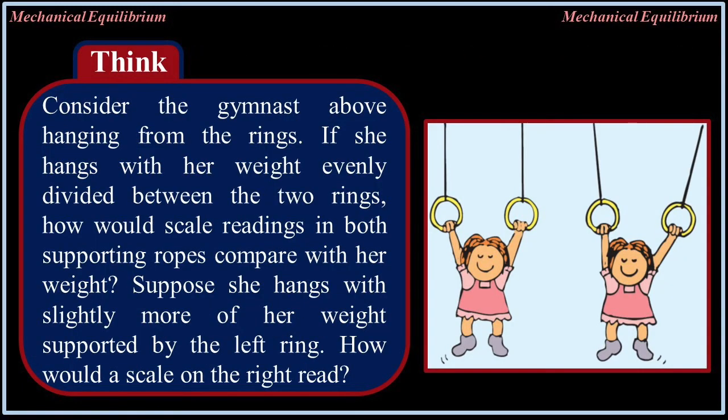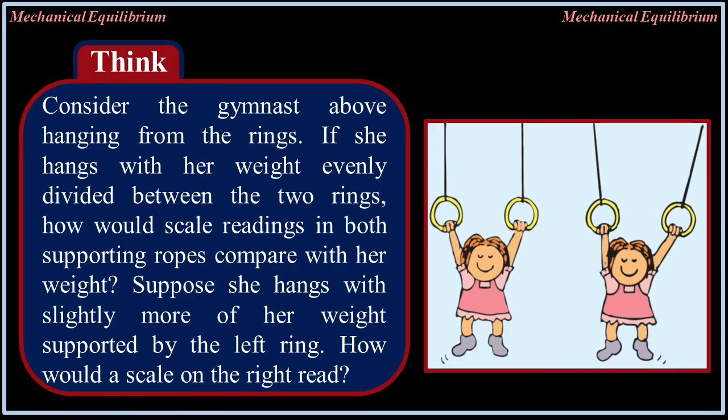Consider the gymnast above hanging from the rings. If she hangs with her weight evenly divided between the two rings, how would scale readings in both supporting ropes compare with her weight? Suppose she hangs with slightly more of her weight supported by the left ring.